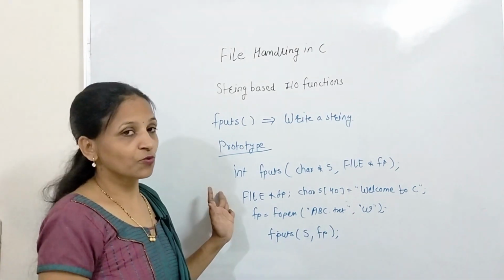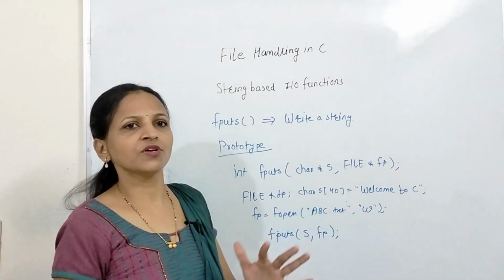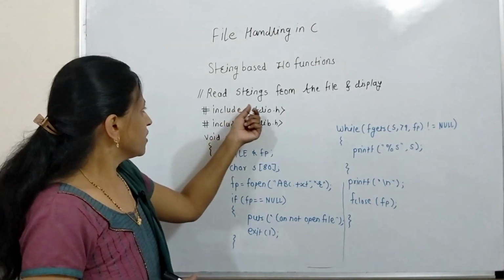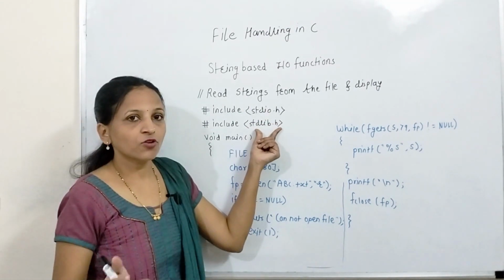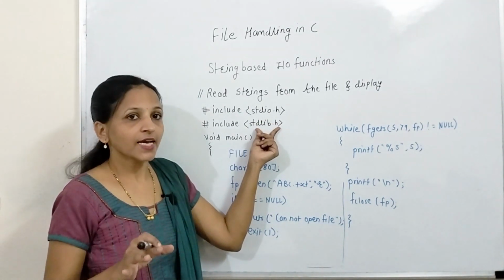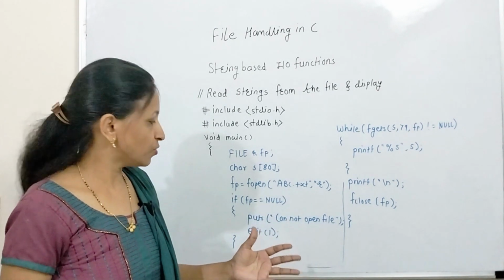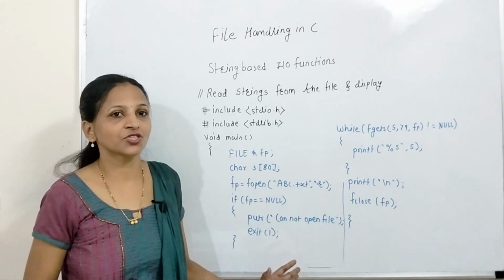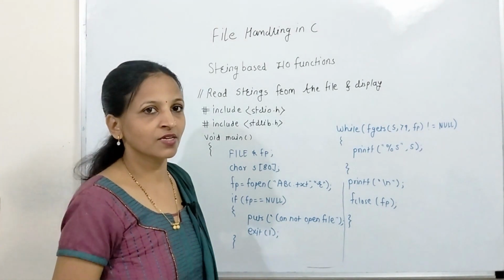Getting? Now on the basis of this fgets and fputs, I am going to explain one program. Now see, here I have included stdio.h for file handling. stdlib.h we have to include because in this program I am going to use the exit function to terminate program execution.